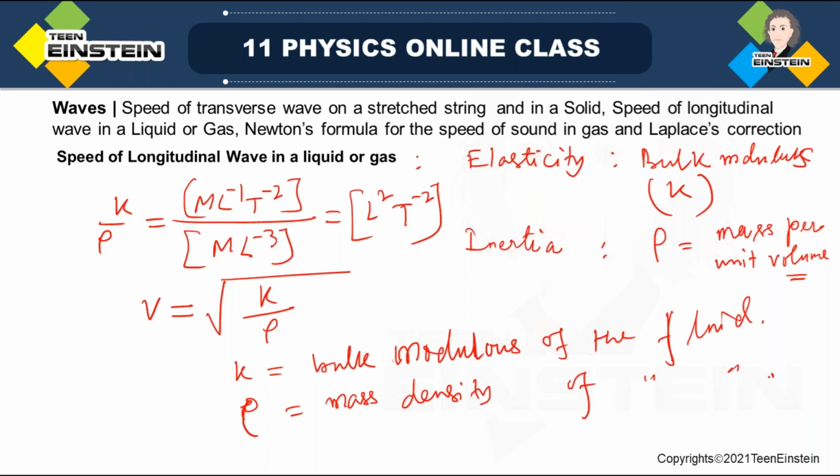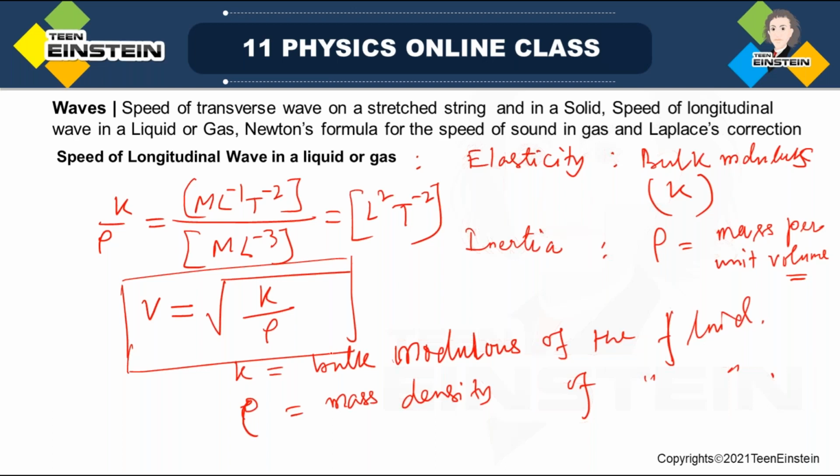Okay, so this is how you should remember that when a longitudinal wave is propagating through a gaseous or liquid medium, the velocity of the longitudinal wave will be equal to the square root of kappa by rho. Kappa is the bulk modulus.